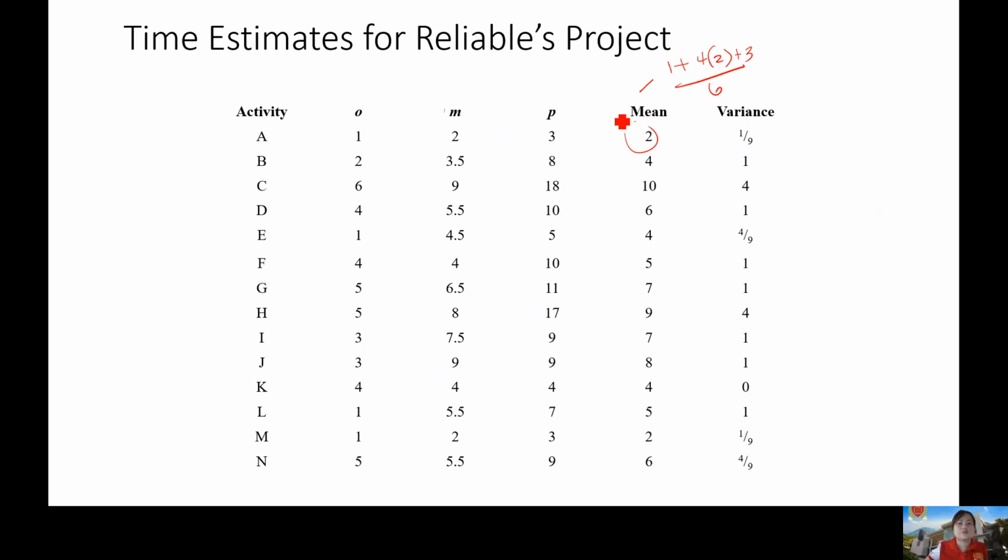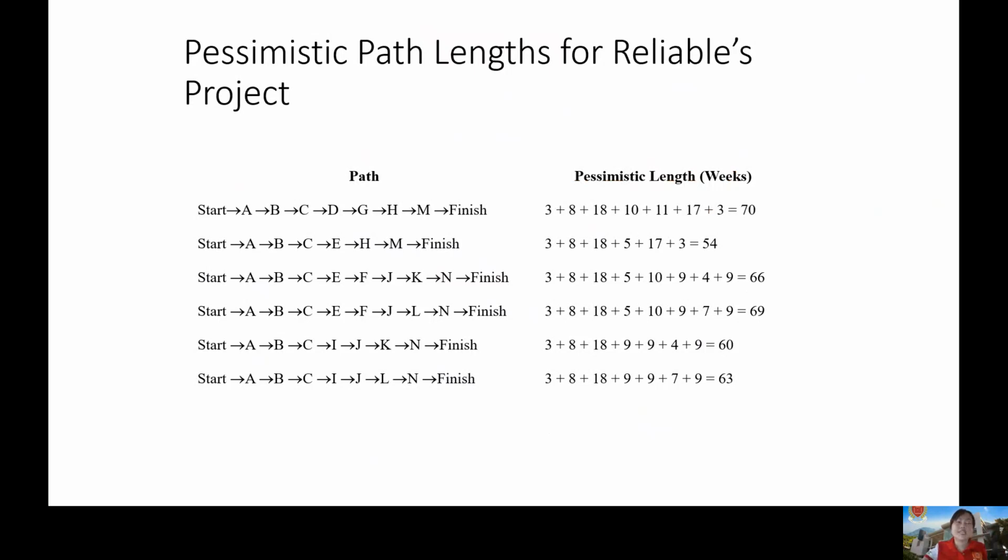So, kukunin niyo lang isa-isa yung mean and then titignan niyo uli kung ano yung pinakamalaking network. Okay? So, pwedeng ganyan ulit ang gawin nyo. Nakukuha nyo lahat yung total ng possible networks. Okay? Or, pwede namang gawin nyo yung forward pass at backward pass na ang gagamitin nyo na ay mean. Okay? Kagaya ng ginawa natin kanina, yung forward pass. Ang ilalagay nyo nga lang sa activity time, yan.